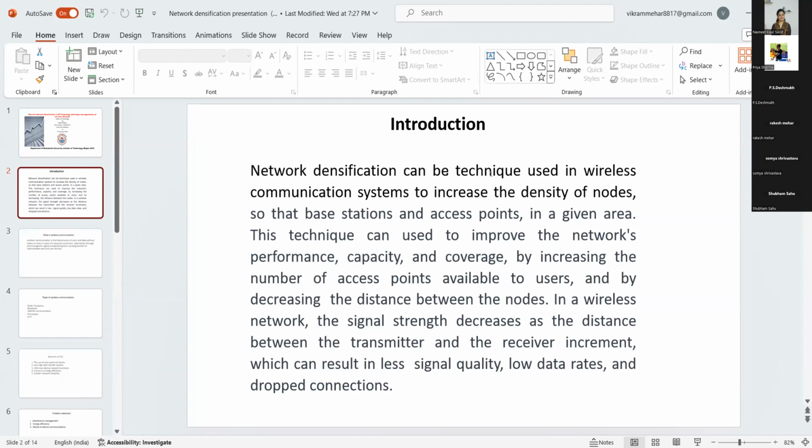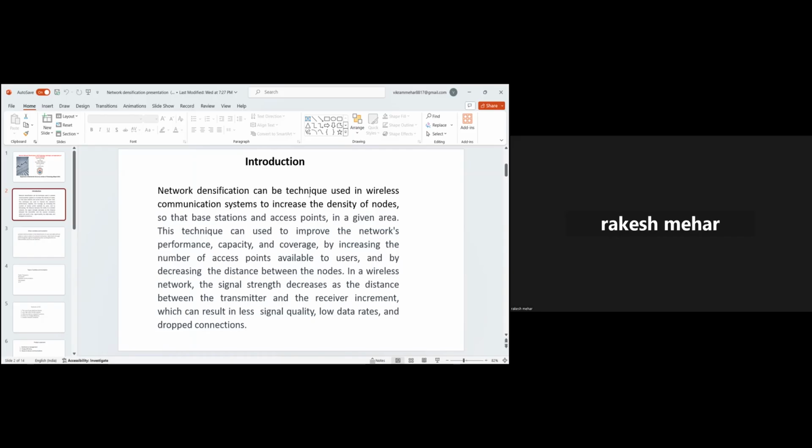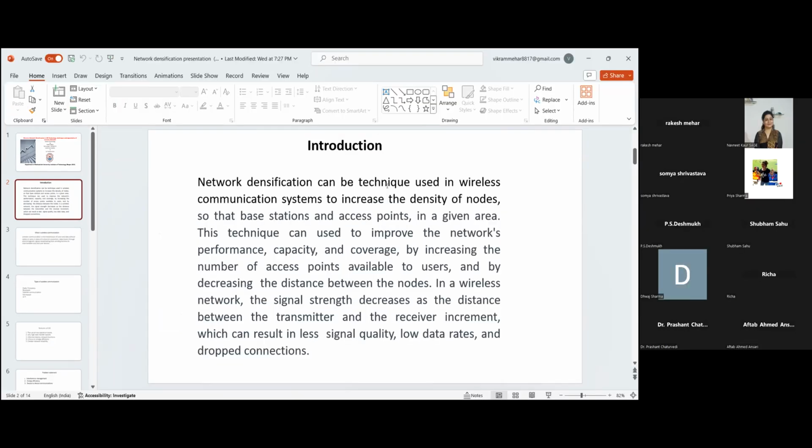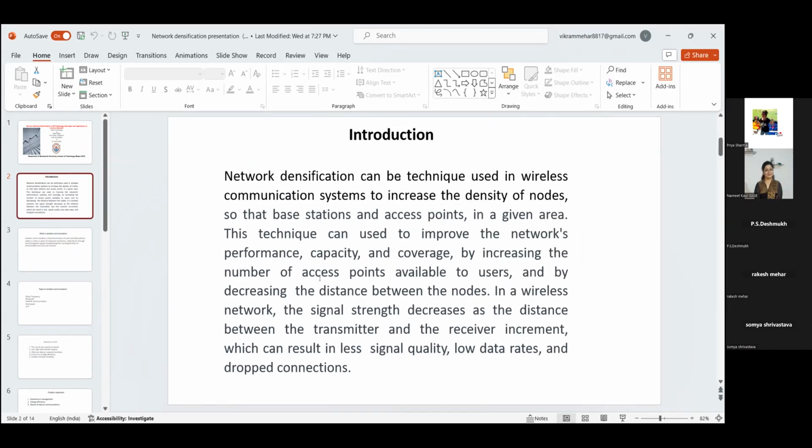This technique can be used to improve network performance and capacity by increasing the number of access points available to users.